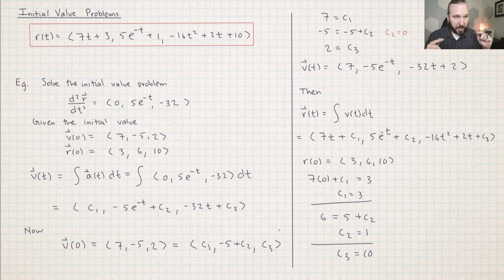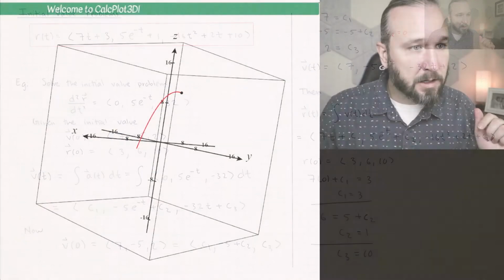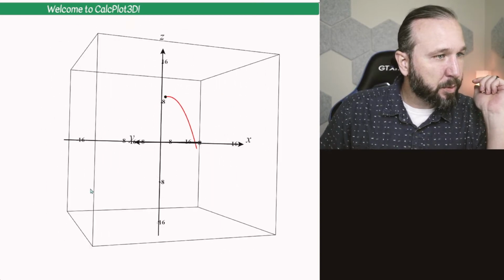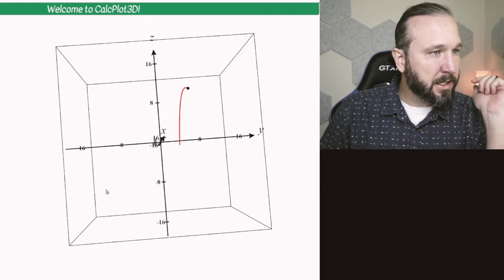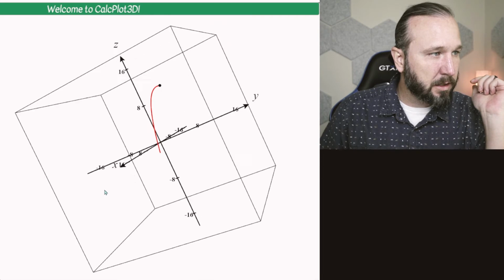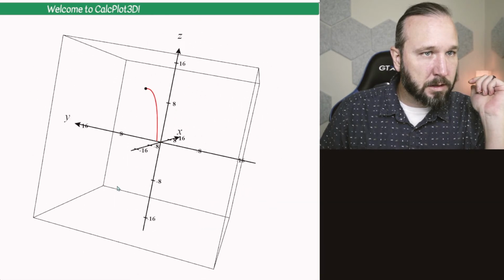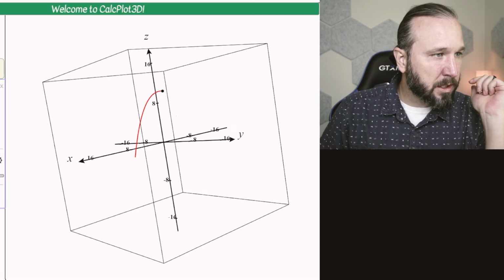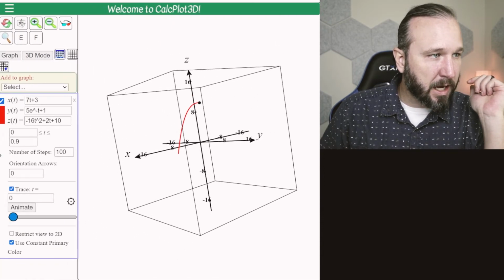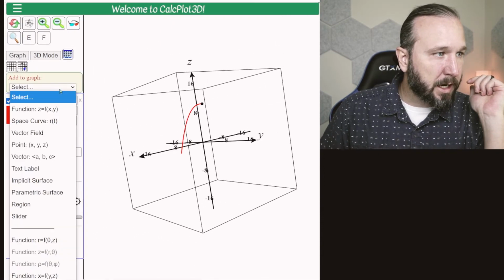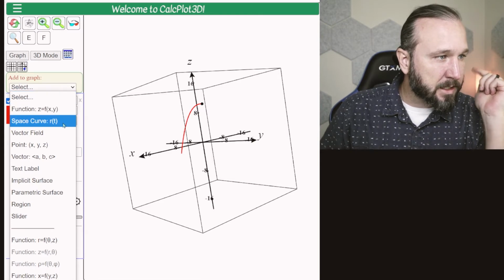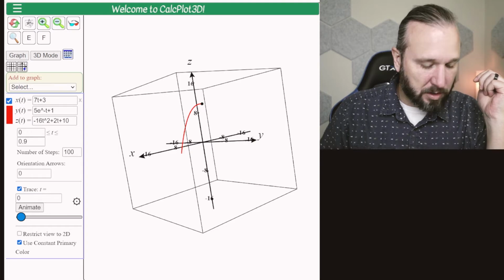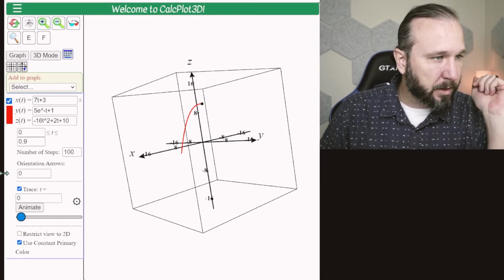I have this result here graphed in CalcPlot3D, so you can actually see the path that we calculated. Here's what I did to make this path. All I did was insert a space curve and then just used the answer that we worked out.